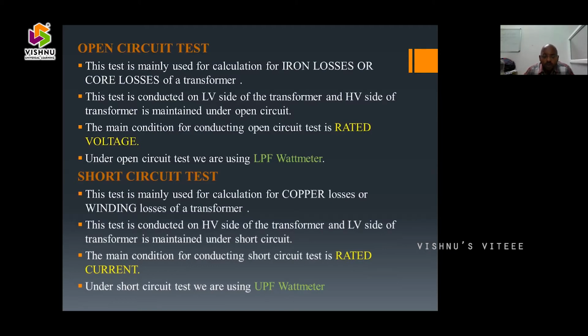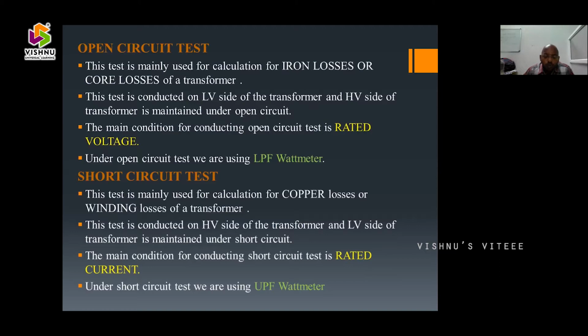Under a short circuit test, one side of the winding is used for conducting the test on the transformer, and the other side of the winding is maintained either short circuit or open circuit. Under short circuit, the current drawn by the transformer is the full load current.